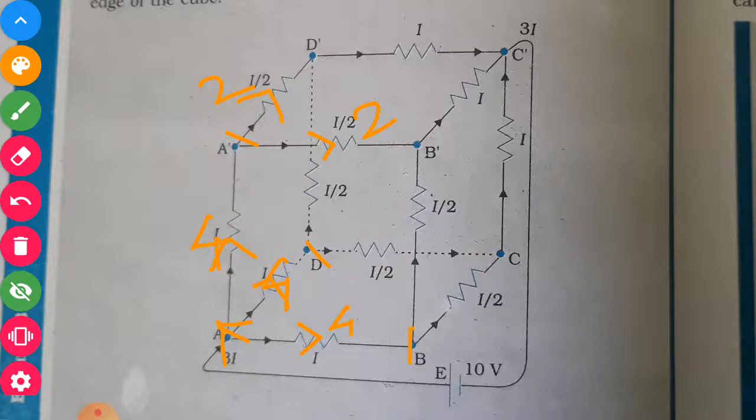Similarly, all these 4 ampere currents, if you consider here at this B, will again be divided into 2 amperes. This 4 ampere which is here will also be divided into 2 ampere. So in each branch you can write the value of current now. The current flowing in each edge can now be easily understood from this figure. Okay, thank you.